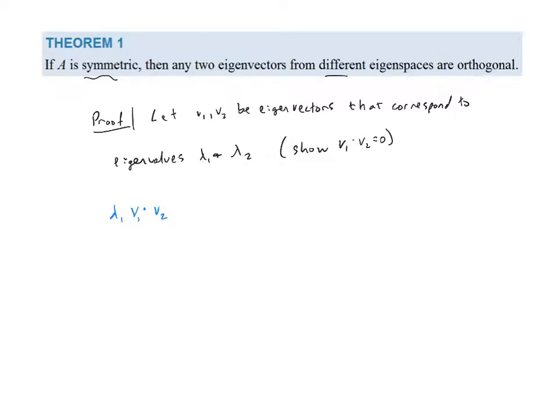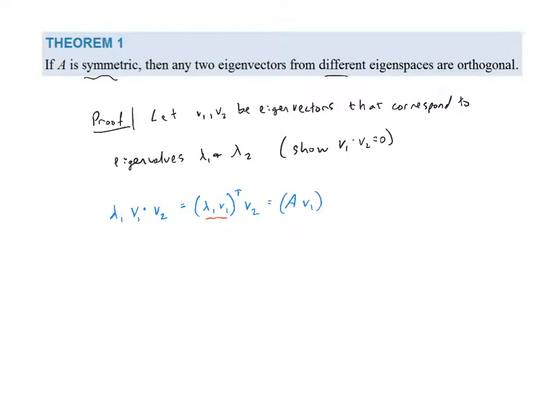Well, let's write that a little bit differently. Instead of writing it as a dot product, let's group lambda 1 v1 and transpose it so that I can write it as regular multiplication. So the dot product is equal to the transpose times the other vector. Now, let's make a substitution here. What is lambda 1 v1? Well, that is just A v1.